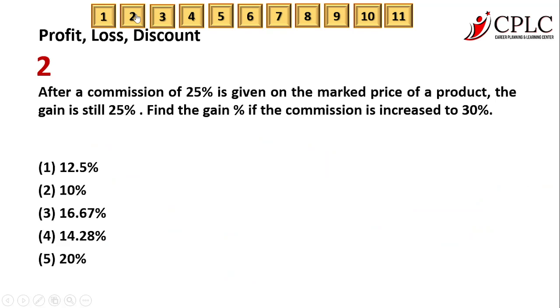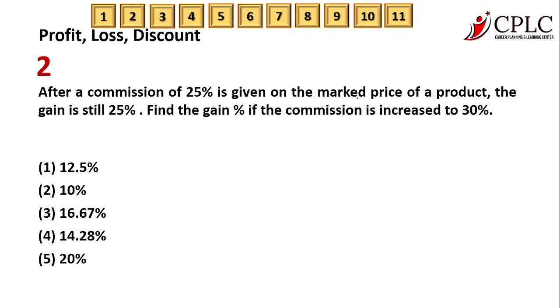Now let's talk about the second question. So in the second question they are saying, after a commission of 25% is given on the mark price of a product, the gain is still 25%.